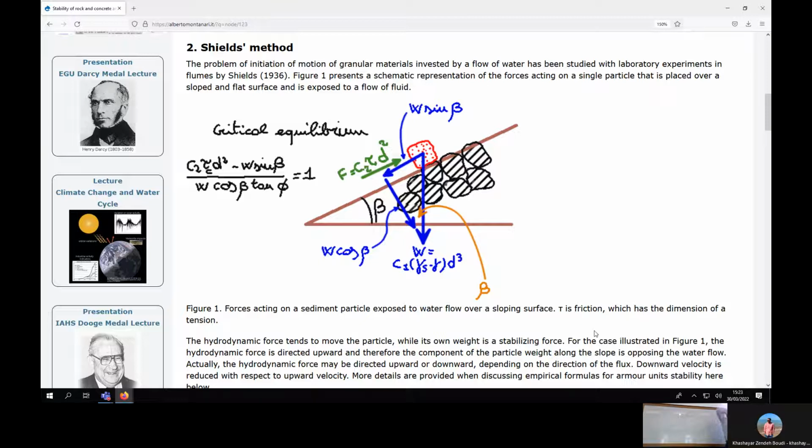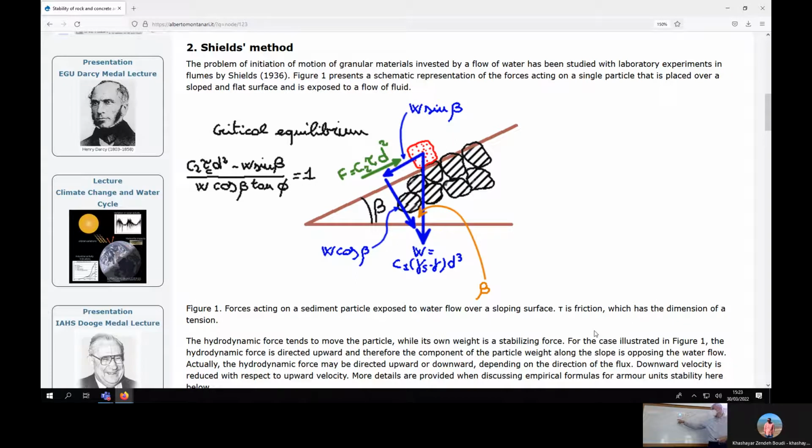And the shear stress, you can imagine that it's proportional to the square of the velocity. Basically, if you flush water over a surface, and especially over an obstacle that is placed over the surface, then the water flushing originates a force against the form that is placed on the surface.